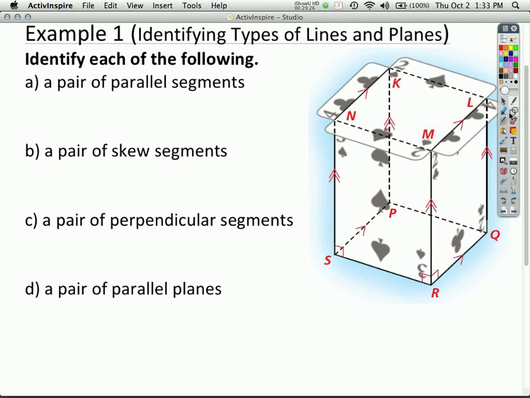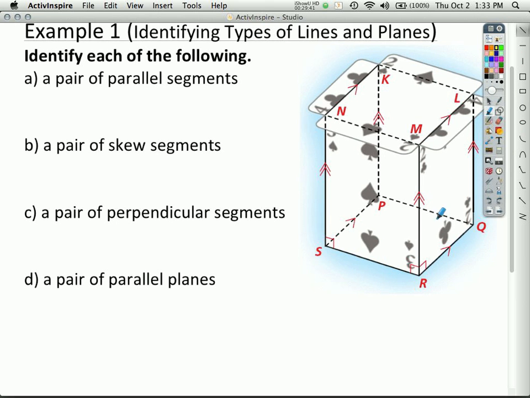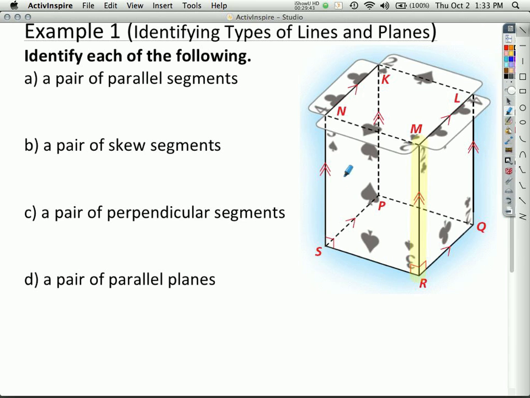Oh, we have a bunch of people who can. So we'll start with Alexandra and then Stephanie. Segment RM and segment SN. Okay, so segment RM right here, and segment SN right there. It's a pair of parallel segments. It's clearly labeled right there, right there.